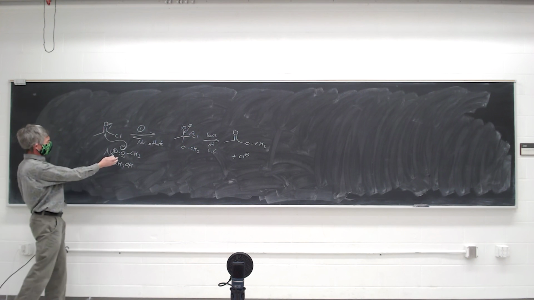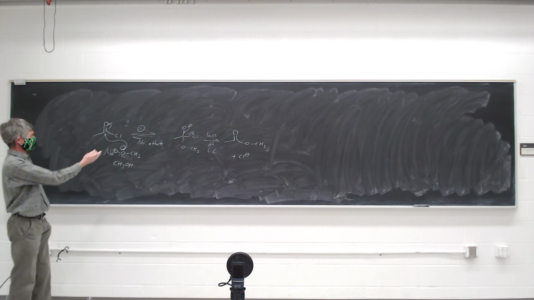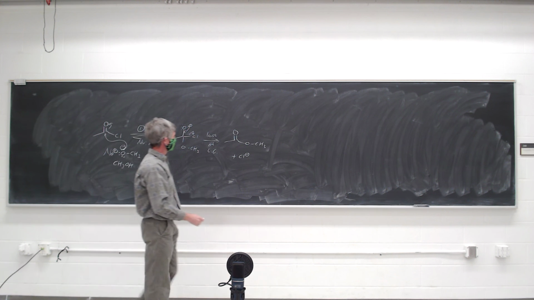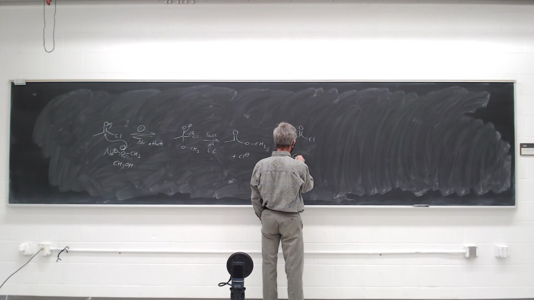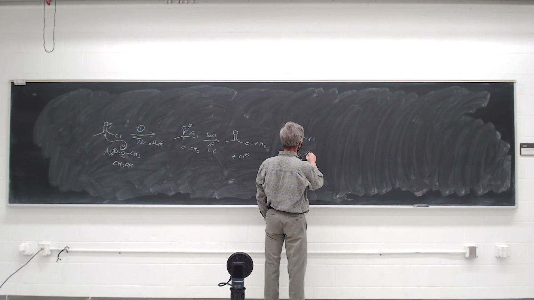But you don't need sodium methoxide to do this reaction of an acid chloride to an ester. The acid chloride is capable of reacting with just neutral methanol.